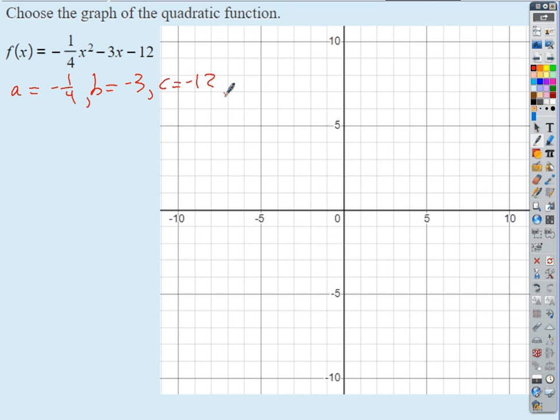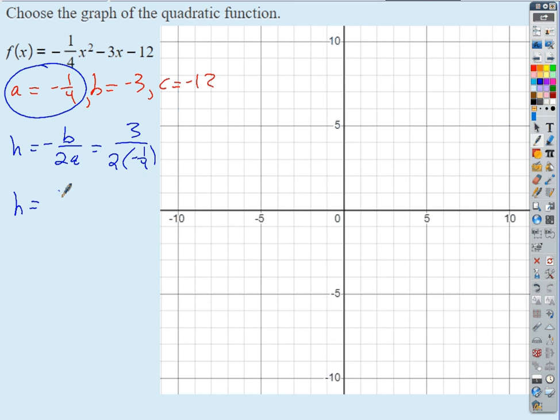Okay, now, so we can figure out, we know what a is, that's already set. h equals negative b over 2a, so what's that going to give us? So positive 3, because I got a negative b is positive 3, divided by 2 times negative 1/4.